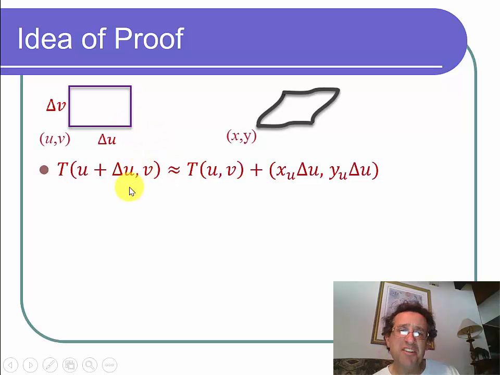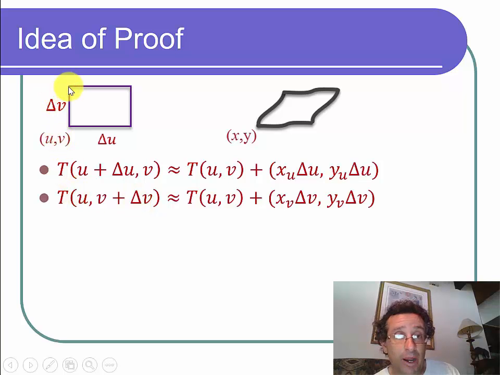And by general theory, that's equal to T of uv plus the partial derivative of x with respect to u times delta u, comma, the partial derivative of y with respect to u times delta u. So it says start at your point and add your little increment by taking the derivative. That's like f prime times delta x, except we have two variables now and two different functions.